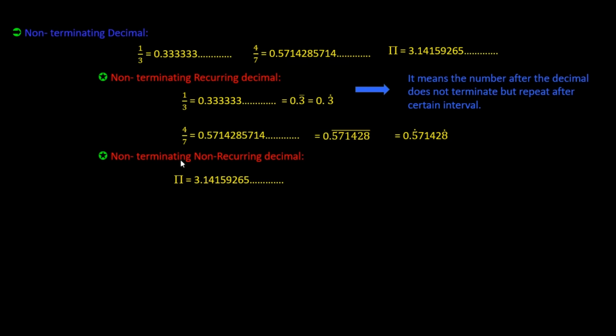Here the numbers are not repeated, but they go up to infinite. So this is a non-recurring decimal.